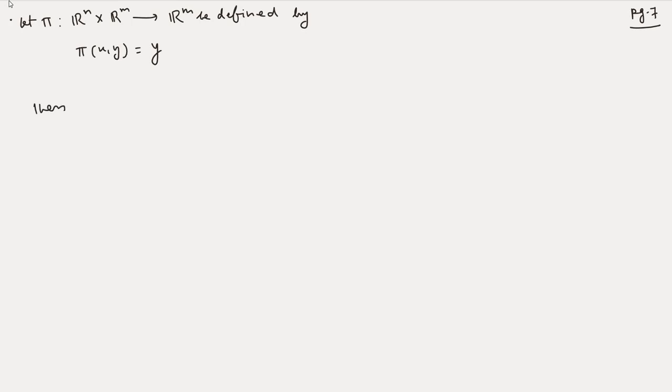Then what we have: script f of (x, k_x(y)) is equal to script f composed with H of (x, y).